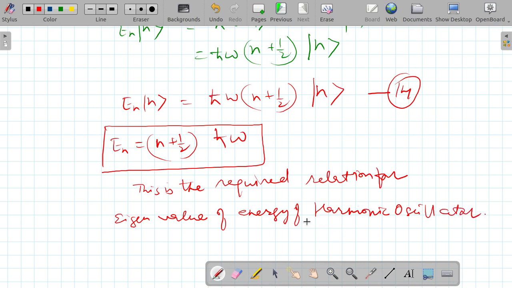So with this, the lecture is finished, and in the next lecture I will talk about the importance or the meaning of these three operators, right?